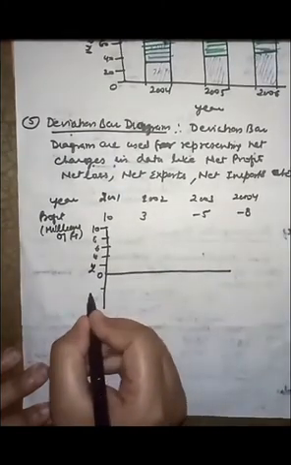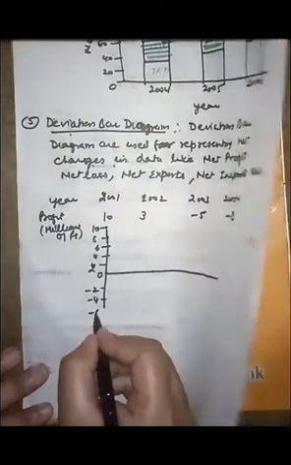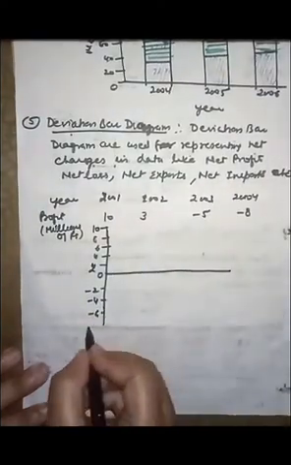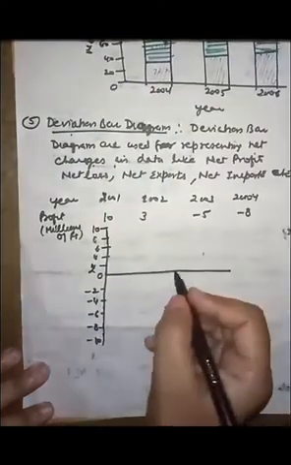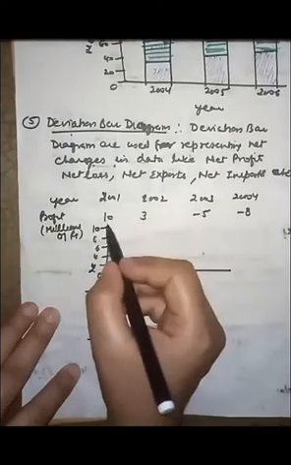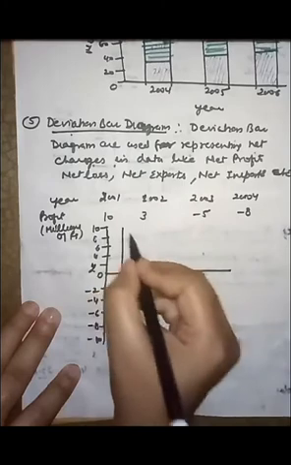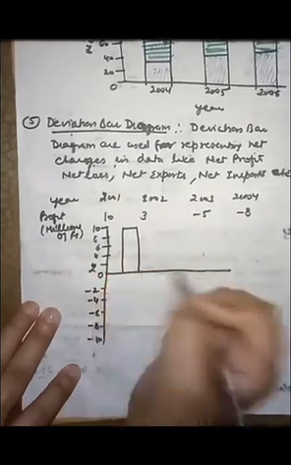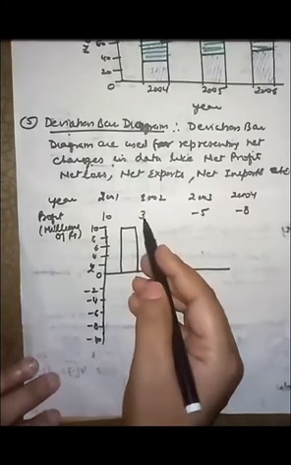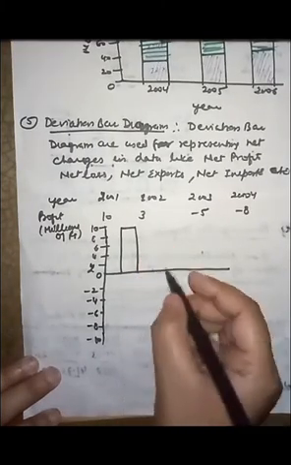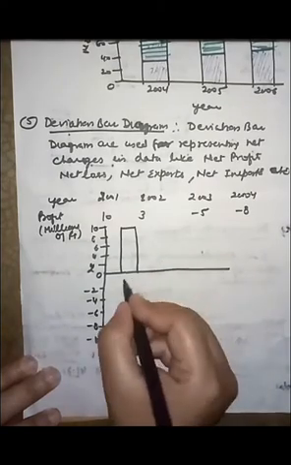Here you can take negative values -2, -4, -6, -8, -10, right? Now make the bars. Here is 10, so you can take the bar above the baseline. Now here the value is also positive 3, so you can take the value 3 on the upper side.